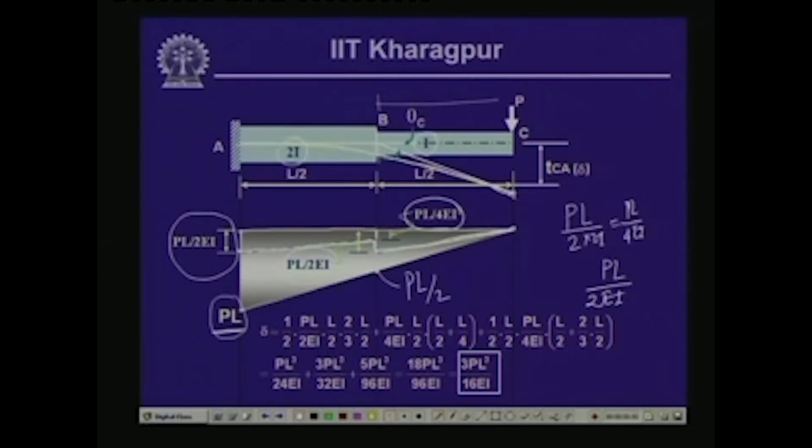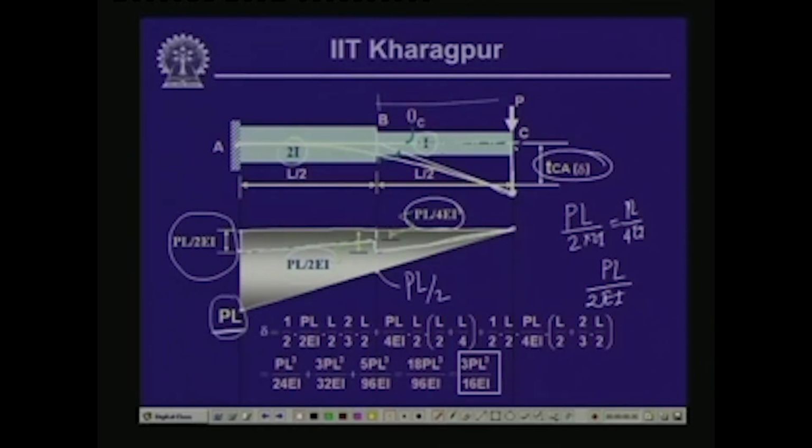Now, if we choose 2 points, a point here and a point here, and if we draw the tangent at point A, which is horizontal because here the slope is 0, dy/dx is 0. Now, the tangential deviation of this particular point C with reference to A is this value, which we have called TCA.